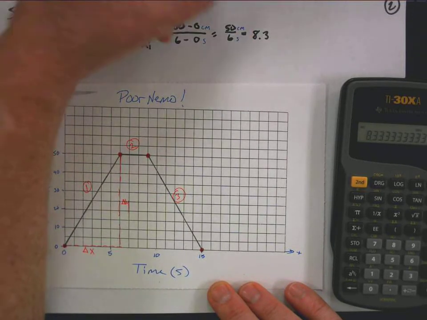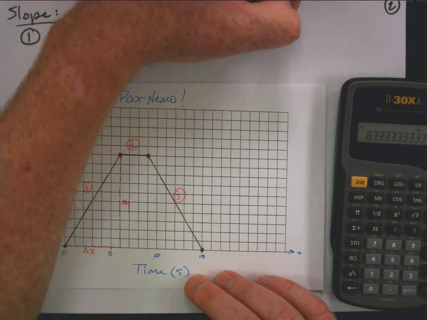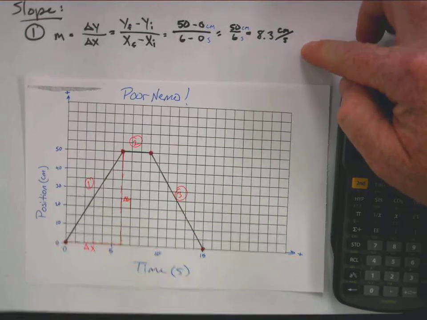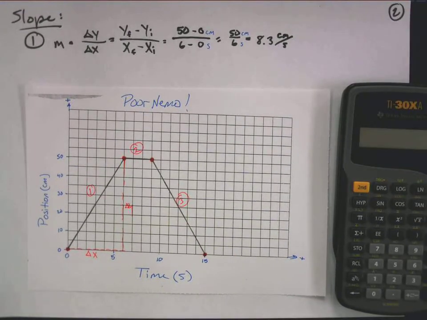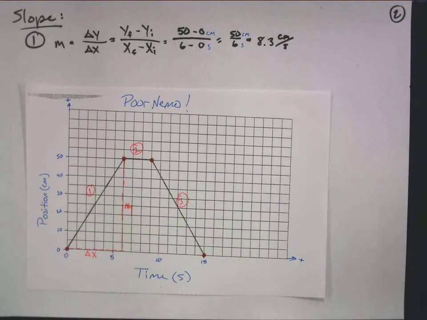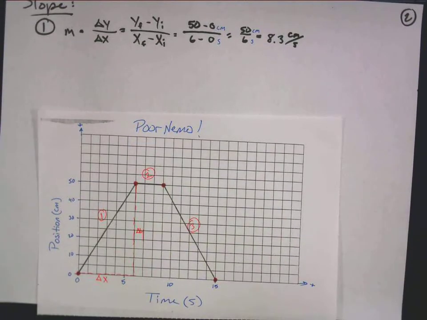This becomes 8.3 centimeters per second. That's a distance divided by time. That sure sounds like a speed, doesn't it? So remember, the slope of a line on a PT graph gives you the velocity, right? Now I said velocity, not speed. And you'll see why. So let's look at region 2.